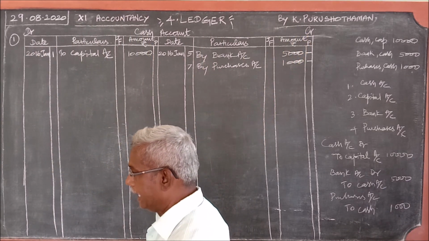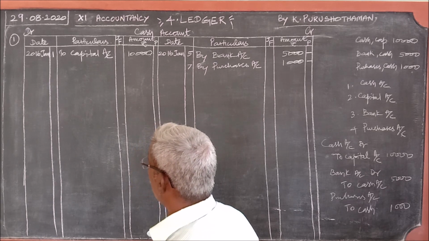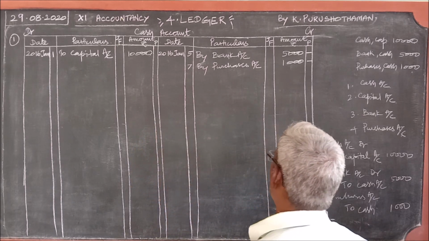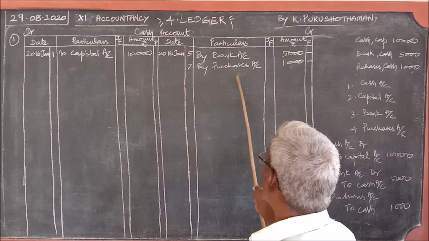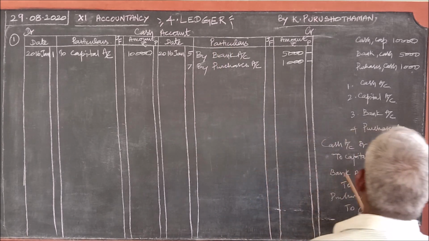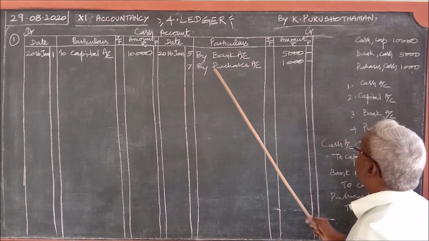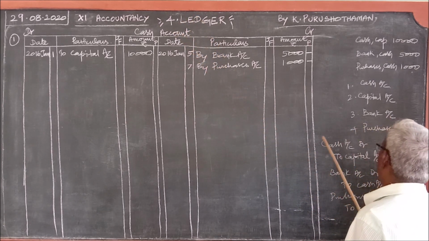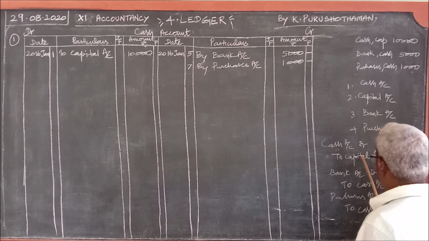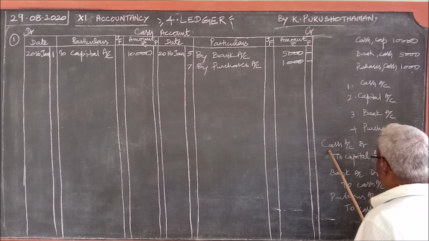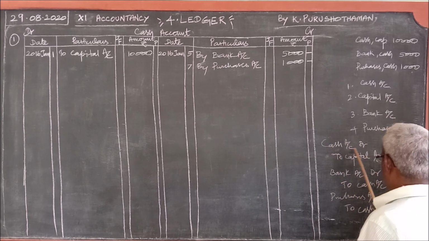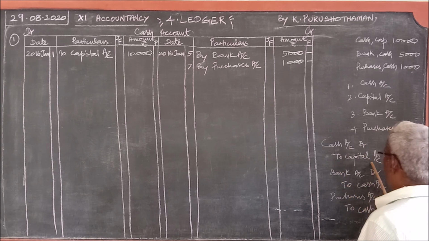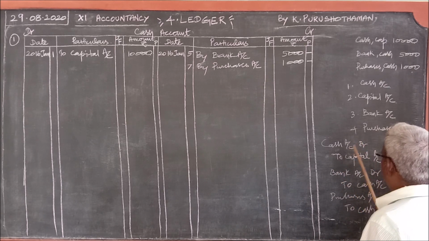Okay, now how we should post the entry, how the postings should be made inside it. And we should prepare first the cash account. So where does the cash account appear in the journal? I said very many times, first line for debit, second line for credit. First line debit.